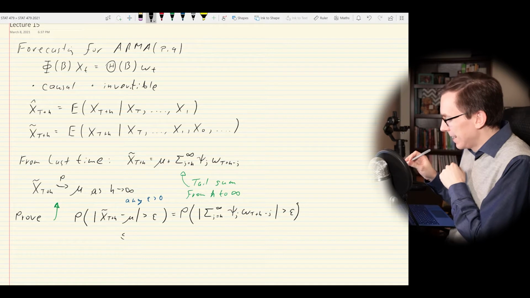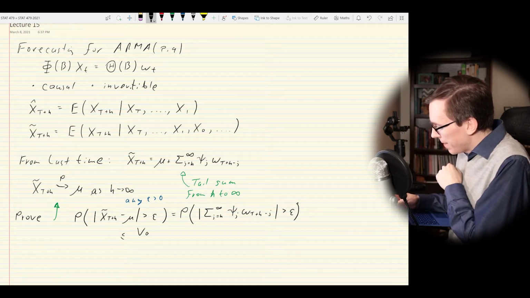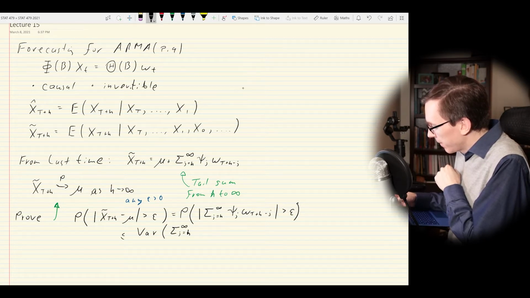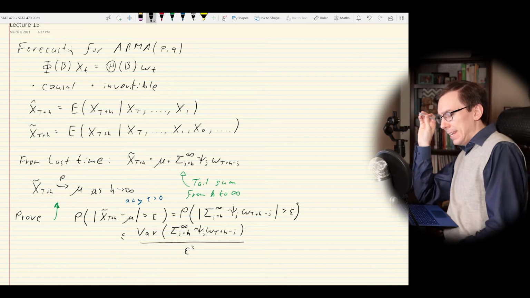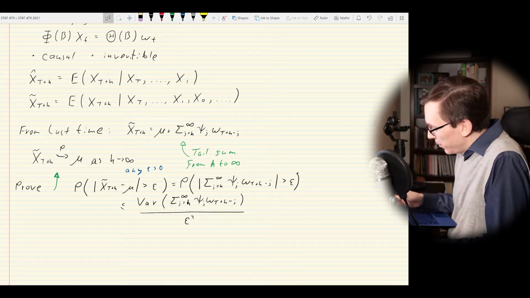What that says is that this probability is bounded above by the variance of the thing in the probability statement, which is the variance of the sum over j from h to infinity of psi j w sub T plus h minus j, divided by epsilon squared.